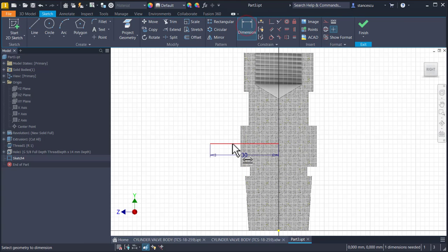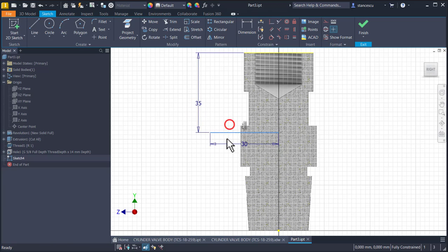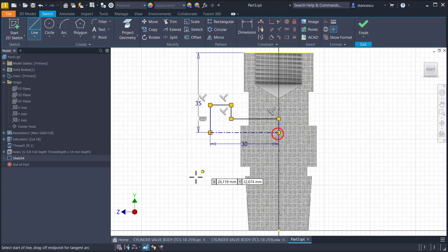The distance is 35 from up. 35. This is the center line. Then up, then up, right, down, we go on this vertical and back.